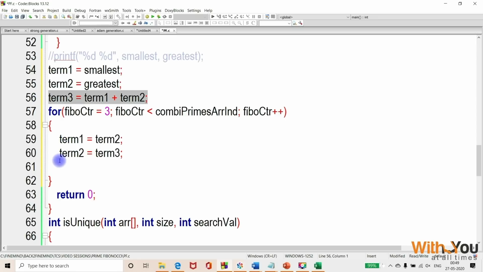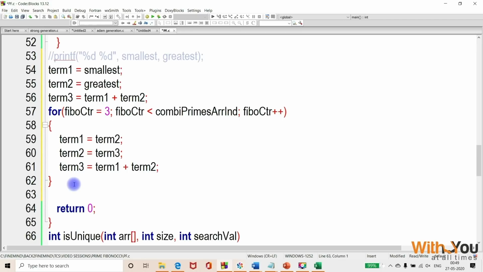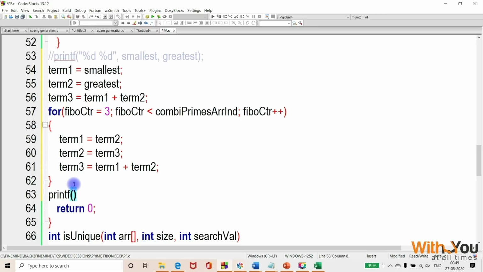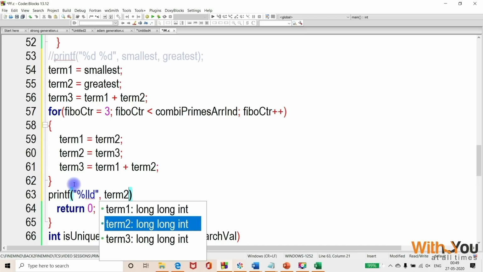So Control C and Control V. So when you come out, all we need to do is just say printf term 3, percentage LLD, and just say term 3.